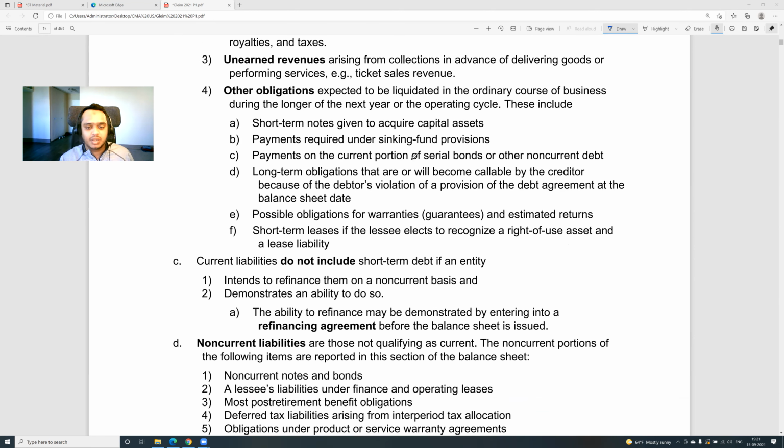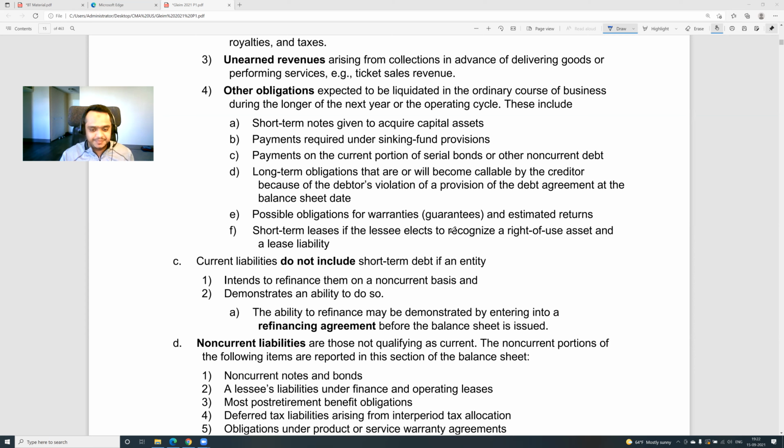Then payments on the current portion of serial bonds, non-current debt, the current portion of that loan which you have to pay. Long-term obligations are or will become callable by the creditor because of the debtor's violation of a provision of a debt agreement at the balance sheet date. Possible obligations for warranties, estimated returns, short-term leases. These all come under your current liabilities.